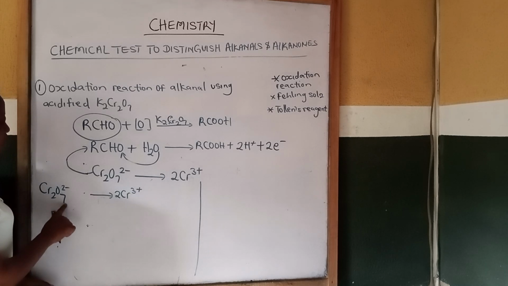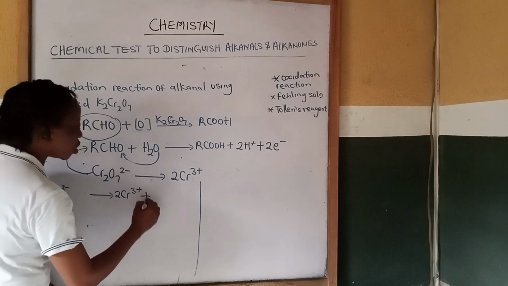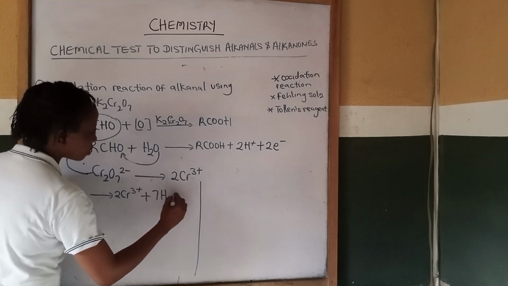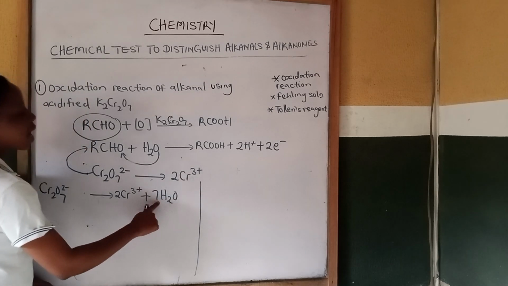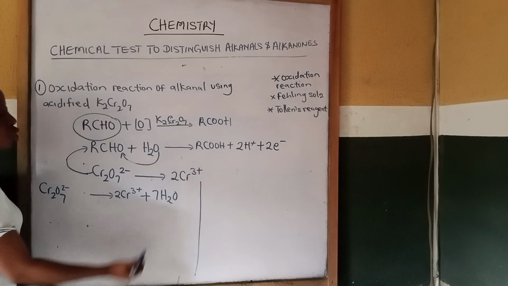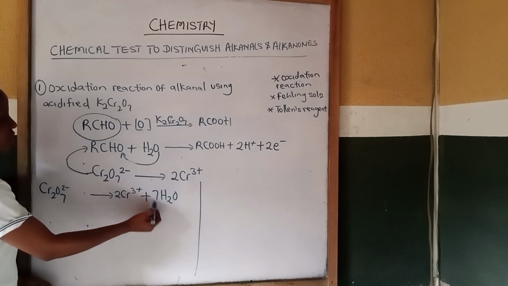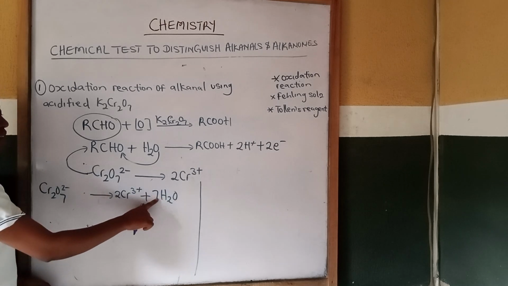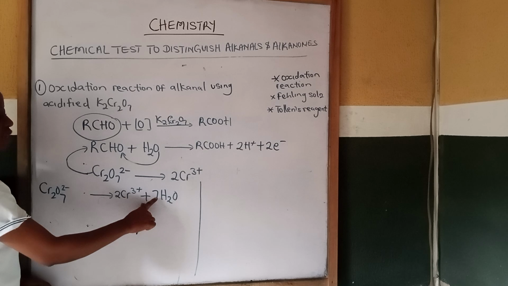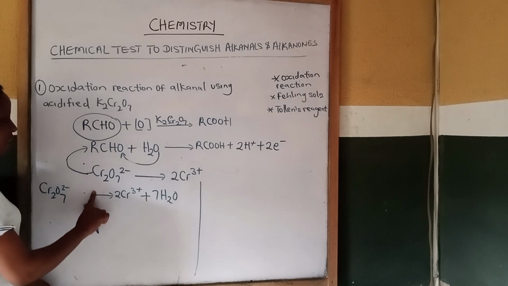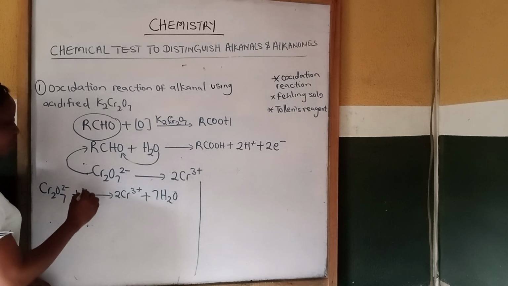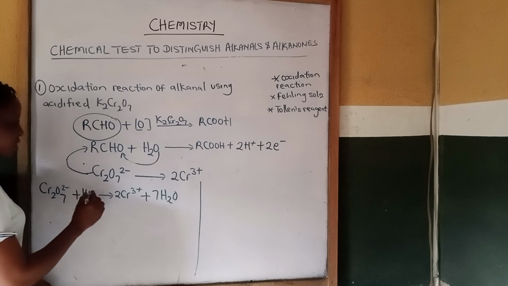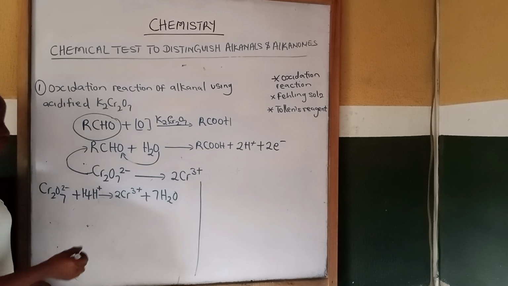Since we have 7 oxygen, I will balance with 7 molecules of water. But something has been added to this side that is not here: the addition of hydrogen. So 7 times 2, we have 14 hydrogen at this side, so you have to add 14 hydrogen ions to this side to balance your equation.